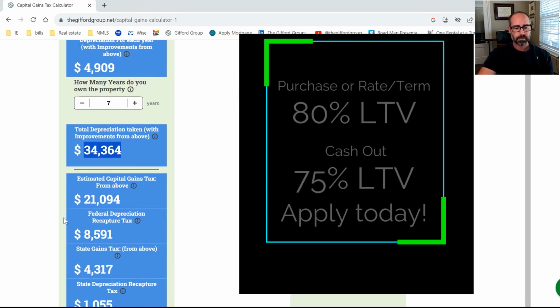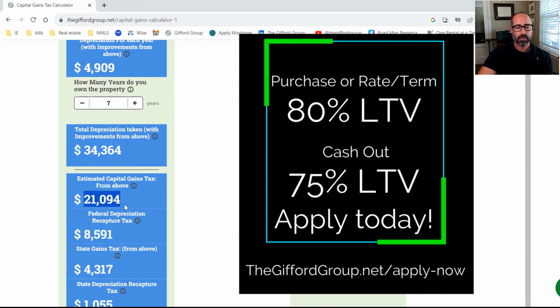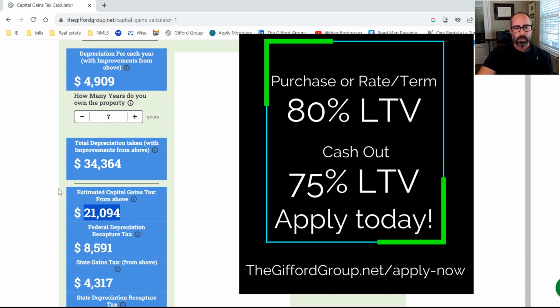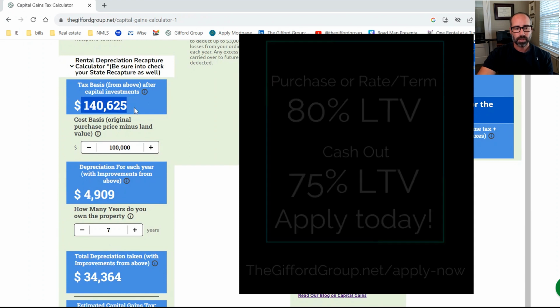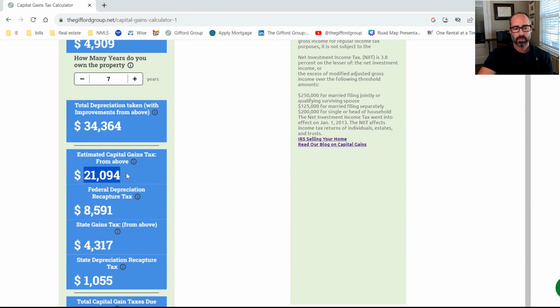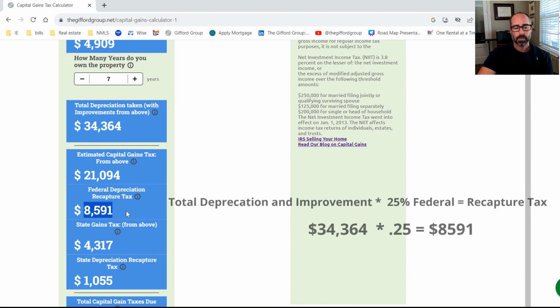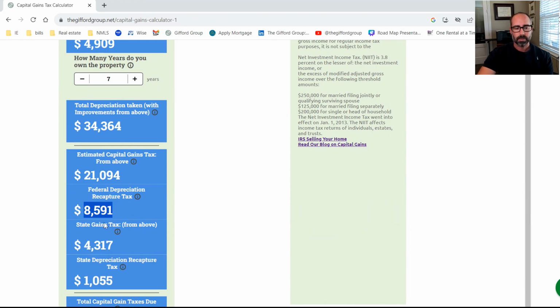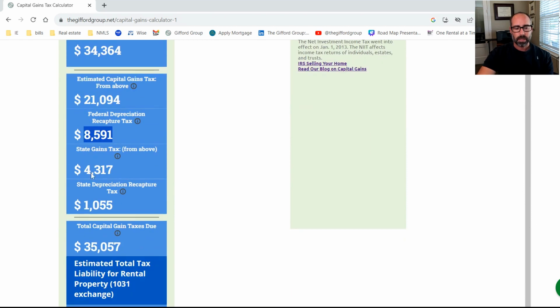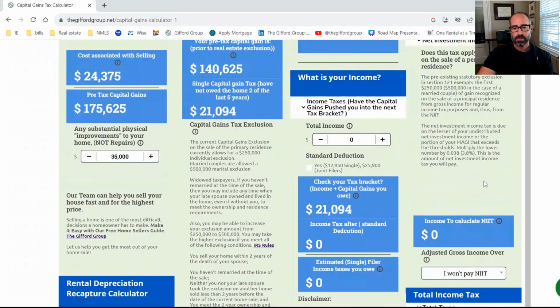So if you look at that, okay, these are long-term capital gains from above. So based off of that 147, we have to pay 21. This is our federal recapture of that. And then we have our state in here, and I defaulted it.